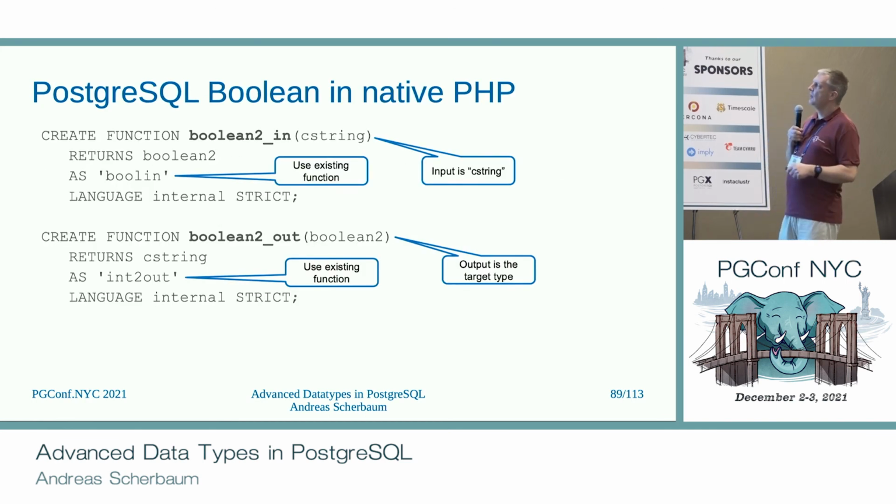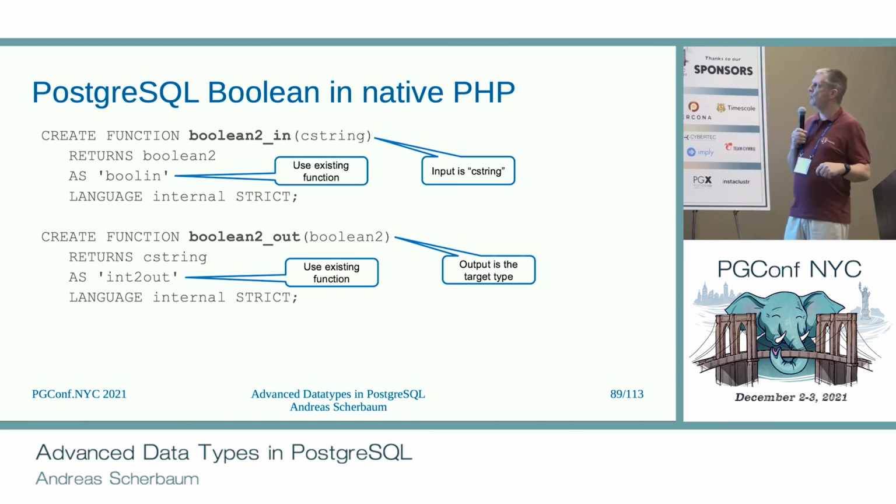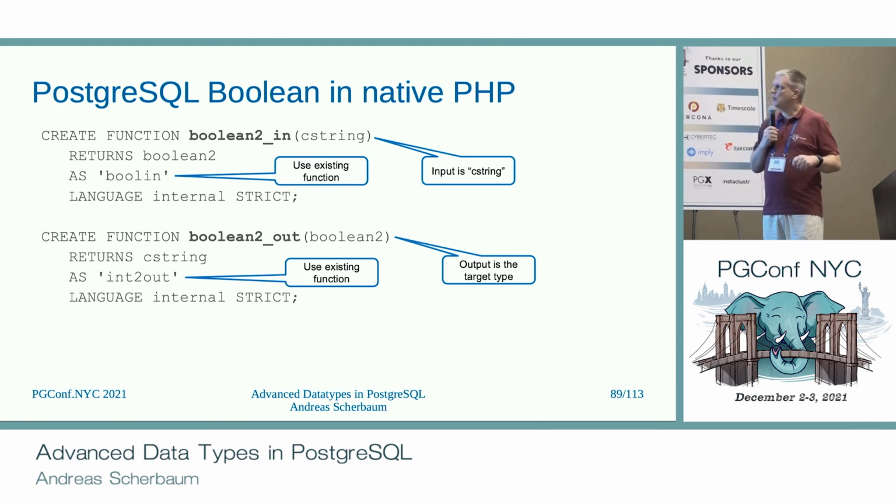Okay. There's a boolean in function already defined in Postgres, so we defined boolean2 in using a C string as input, and we're using the existing Boolean in function from Postgres as the input function. We don't have to write anything new. We just have to change a couple of things. And the same for the output function. Boolean2 out, we are using Boolean as the input type here.